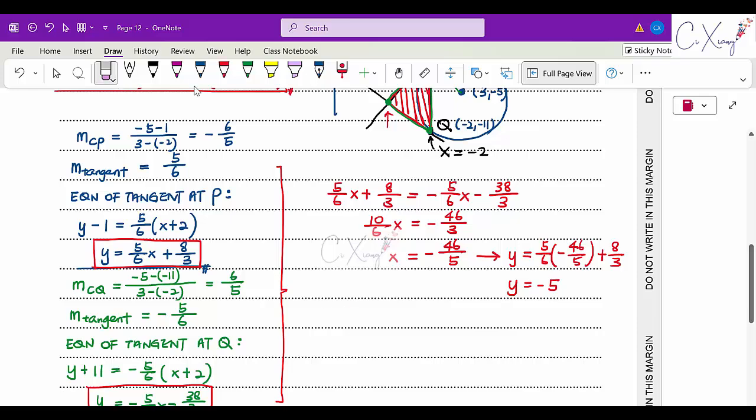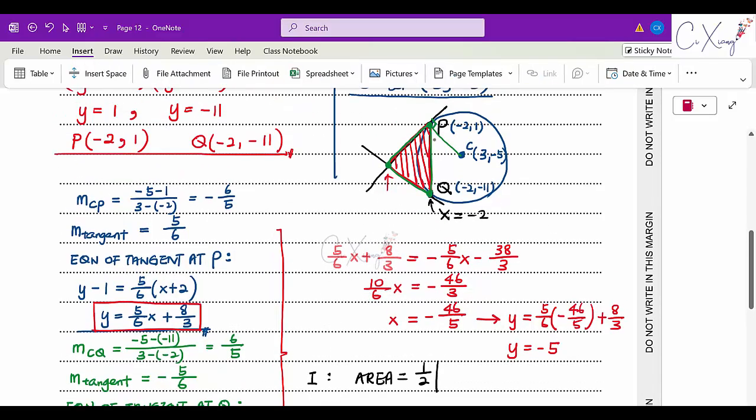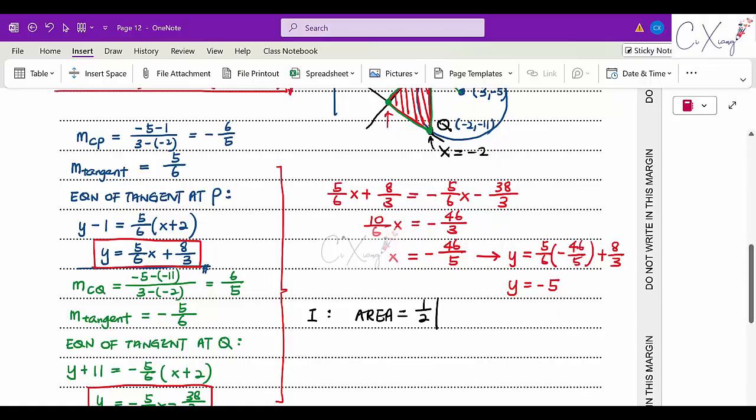Maybe I can use another color. Method number 1 is this one. To get the area, I just need to arrange the vertices of the triangle in either clockwise or anti-clockwise form. As an example, I will take the point P as the starting point, so I'm having negative 2 and 1.